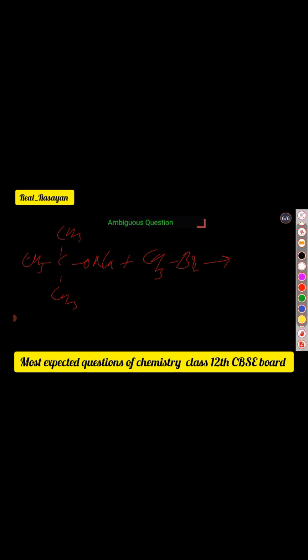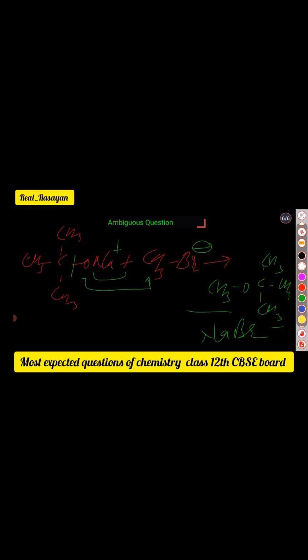So we can't go with the breakdown of this bond because Na positive, Br negative, NaBr will be the byproduct, and this oxygen negative combines with CH3. So CH3O C(CH3)3. This will be the product.